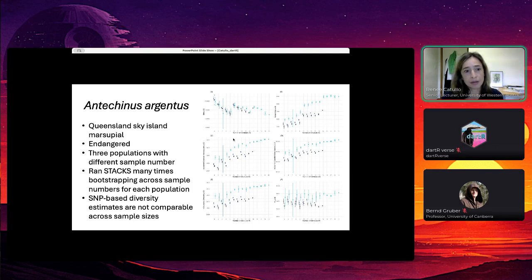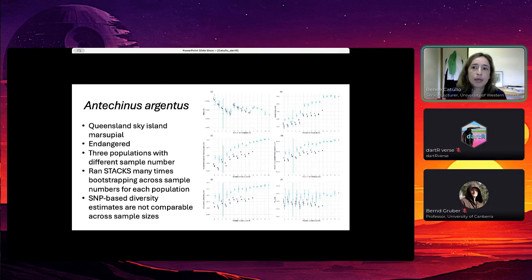So what we have here is autosomal observed heterozygosity and autosomal expected heterozygosity. And really the key takeaway I want you to have from this is if you have different numbers of samples, you cannot compare your diversity estimates across them directly. You can't say, well, I estimated diversity from one population with 19, and I'm directly comparing it to another population with 10.